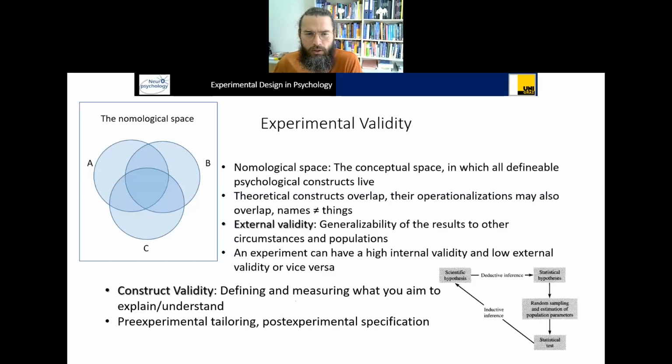Let's not go down this kind of speculation, but theoretically the different constructs will occupy a specific region in the nomological space, and the relationships of neighborhood or overlapping between concepts will describe the similarities or the associations between concepts. These associations may be causal, but they not necessarily have to be causal.